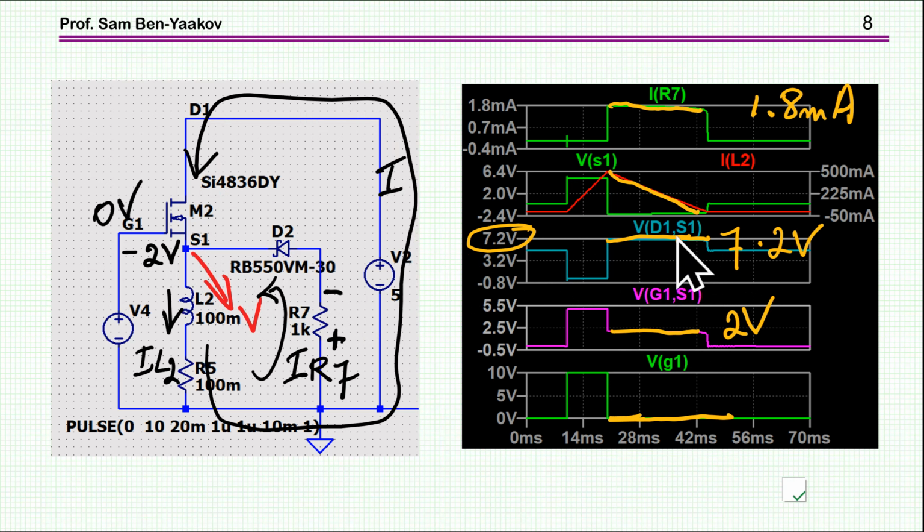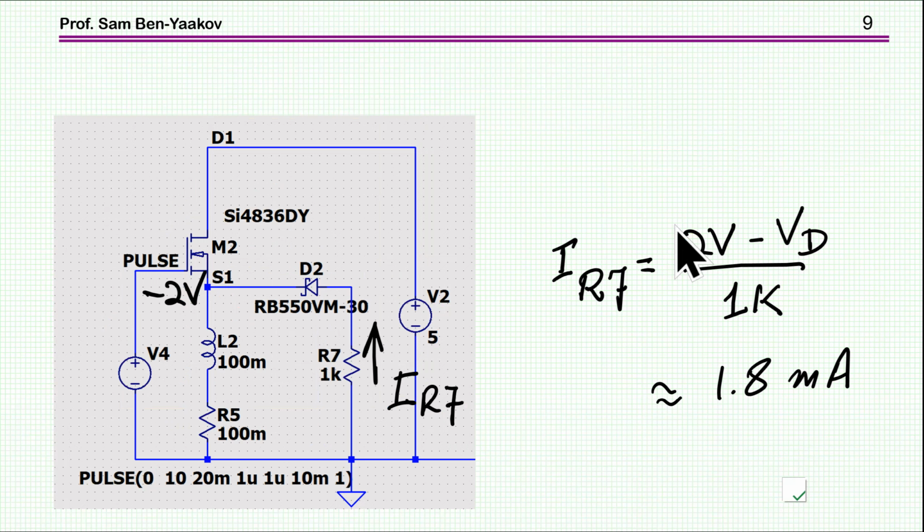So actually the transistor is now dissipating power because there is a voltage across it, and we have the inductor current here going this way. The current in this branch is rather small. Okay, so most of the current is actually going this way, and lo and behold, the current in this resistor is only 1.8 milliamp, and this is because we have 2 volts minus VD.